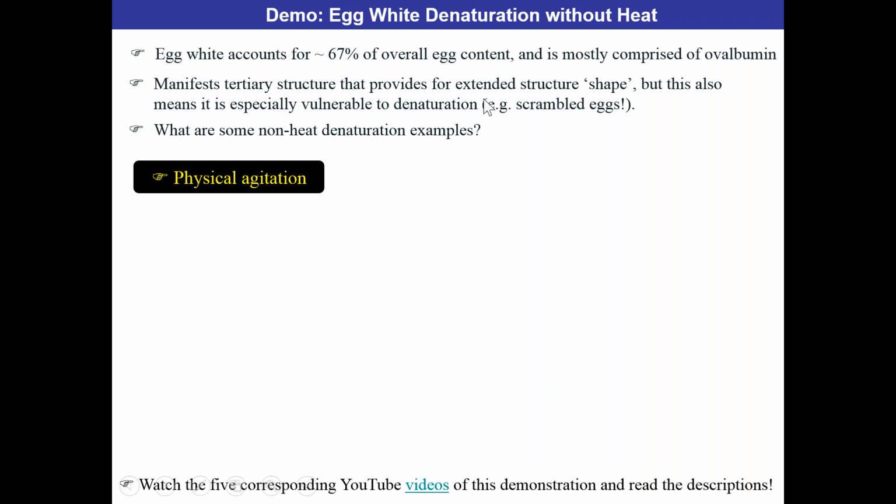It manifests tertiary structure, and whenever you cook it, that tertiary structure becomes lost a bit. It's vulnerable to the denaturation, as it were. So this is really important because everything with tertiary or quaternary structure is able to be destroyed, essentially, or denatured.